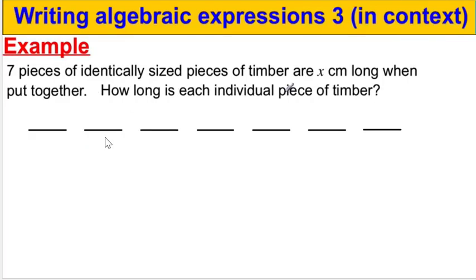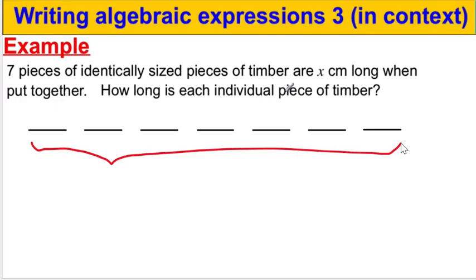Okay, the next question is: 7 identically sized pieces of timber are x centimeter long when put together. How long is each individual piece of timber? So these are the 7 pieces of identically sized timber. So we can say them as x. How long is each individual piece of timber?